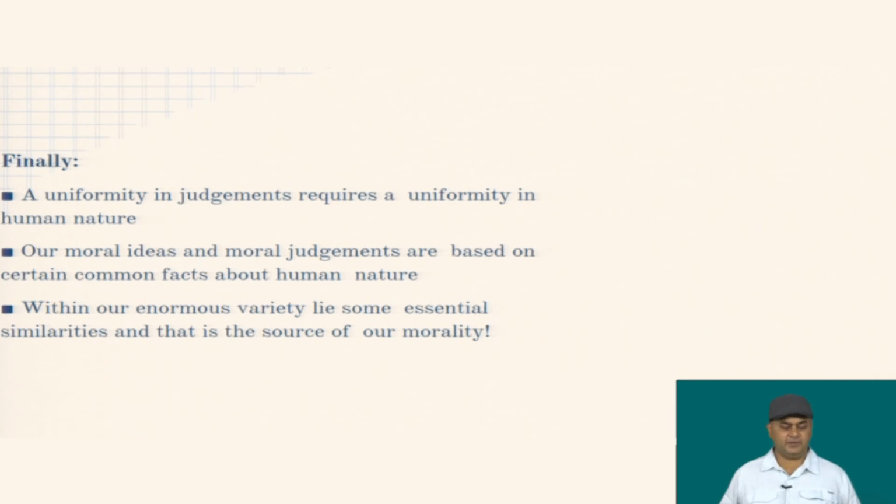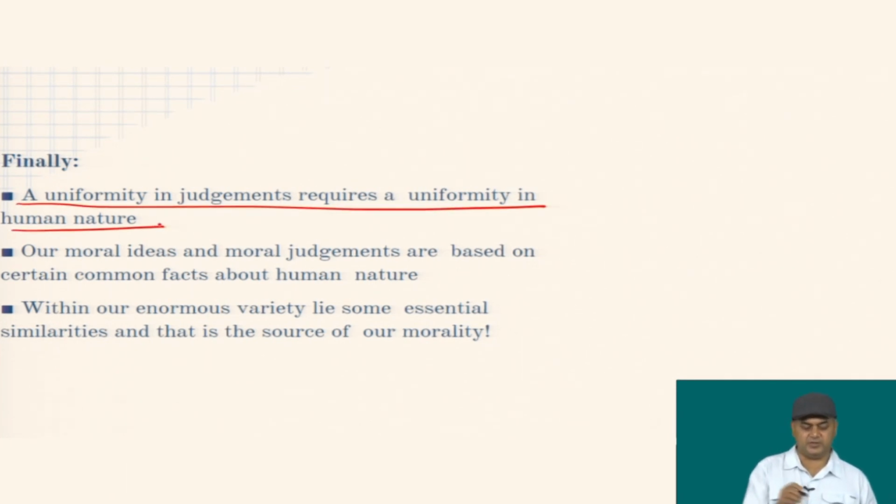So, finally, a uniformity in judgments requires a uniformity in human nature. That means, for Ross, what are the assumptions that Ross is probably holding? That a uniformity in judgments will require a uniformity in human nature.